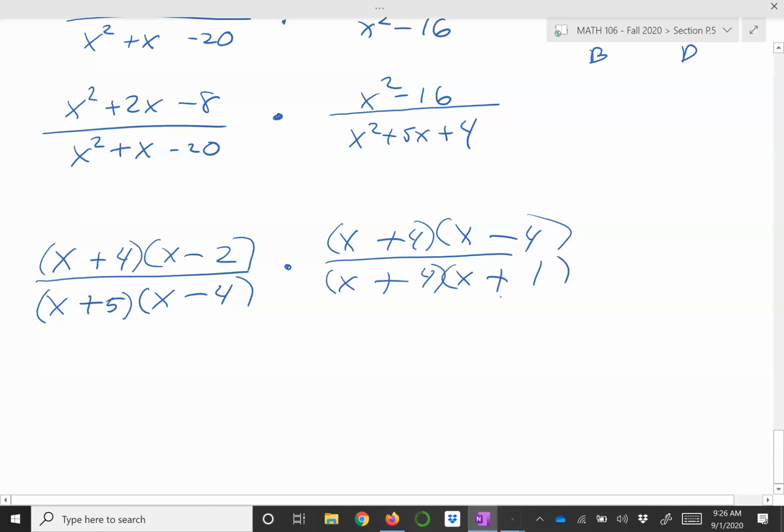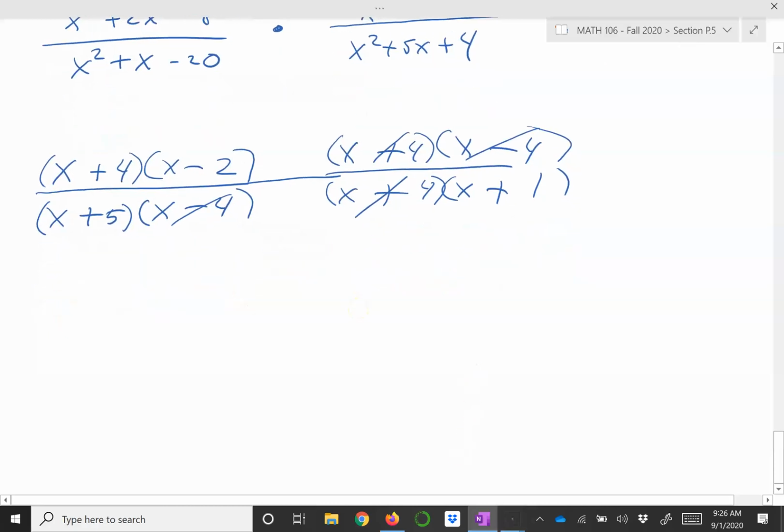All right, so lots of stuff cancels out here. So again, this multiplication then just becomes a big fraction here. Let's see. So I'm going to cross off these x plus 4s. How about this x minus 4 and that x minus 4? And I think that's it. So I'm left in this problem with several binomials.